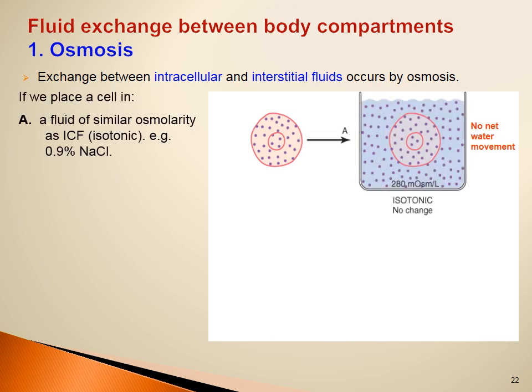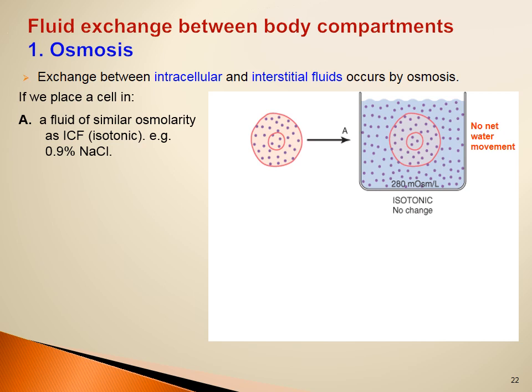If we place a cell in an isotonic solution, a sodium chloride solution that has a concentration of 0.9%, usually called normal saline, which is the commonly used fluid in hospitals.